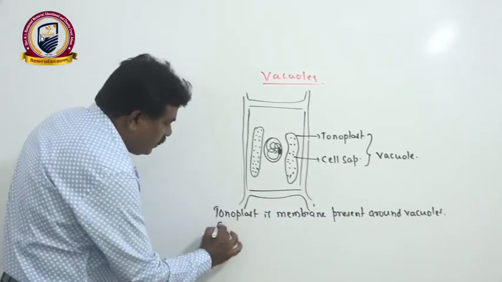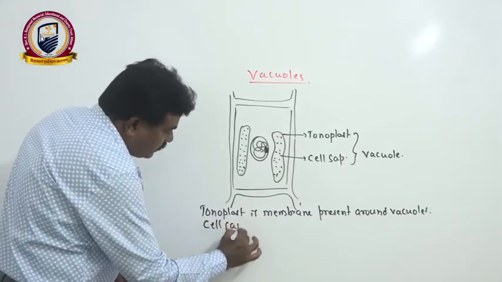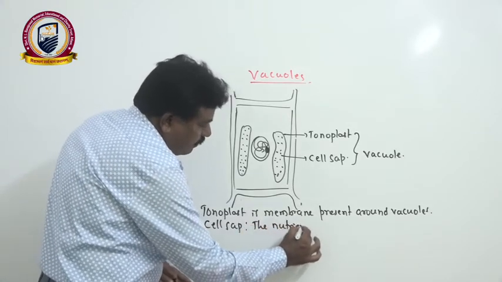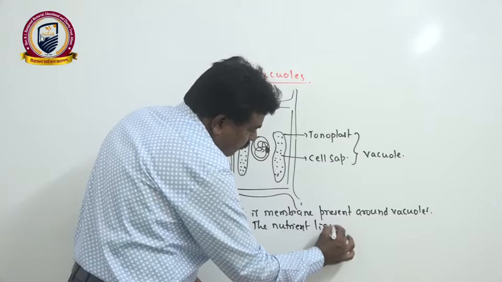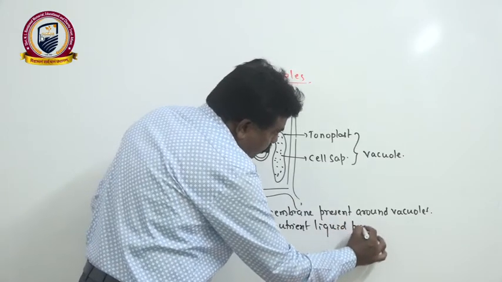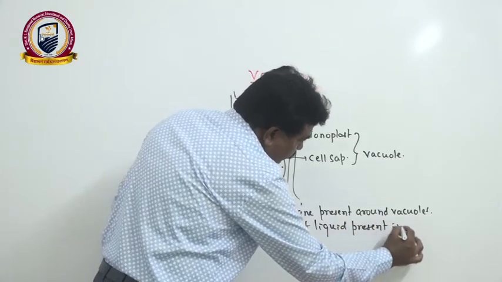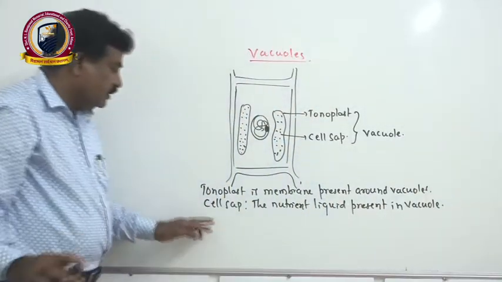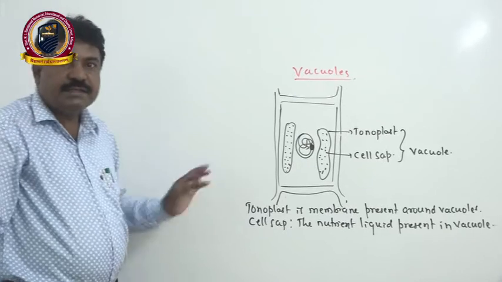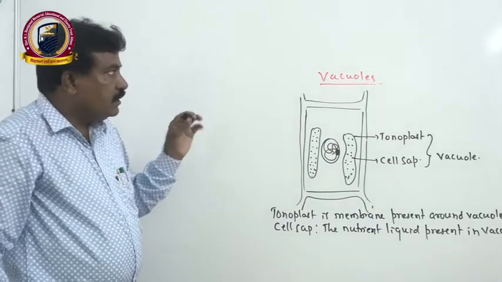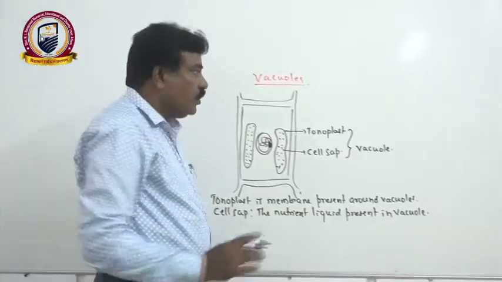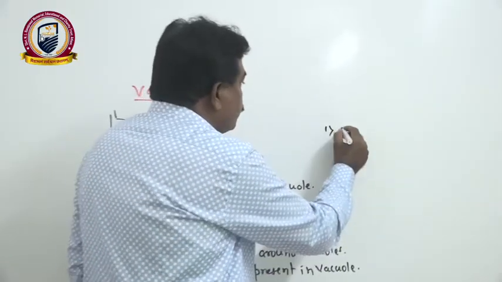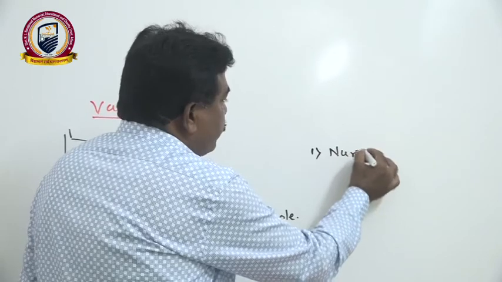At the same time, cell sap means the nutrient liquid present in the vacuole. Vacuoles in plant cells help in nourishment.